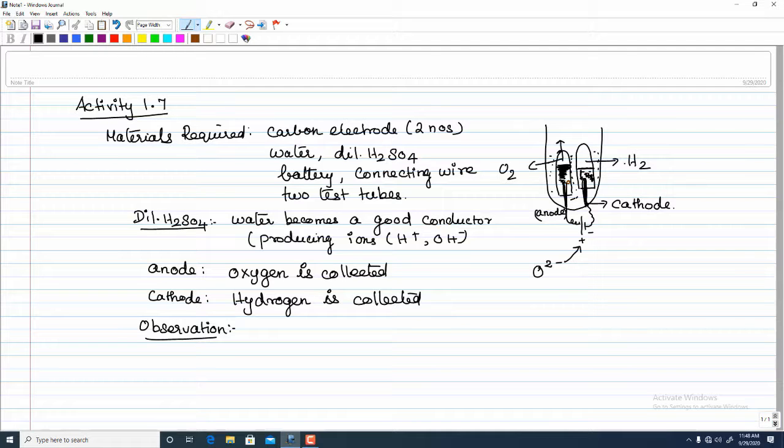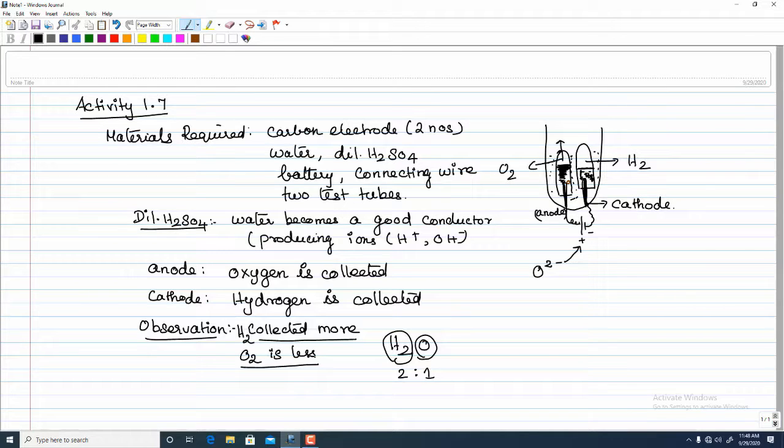Hydrogen gas is collected more compared to oxygen gas, and oxygen gas is less. Why? In the water molecule itself, hydrogen is 2 parts and oxygen is 1 part. So hydrogen is more in quantity, and more hydrogen gas is collected compared to oxygen gas.